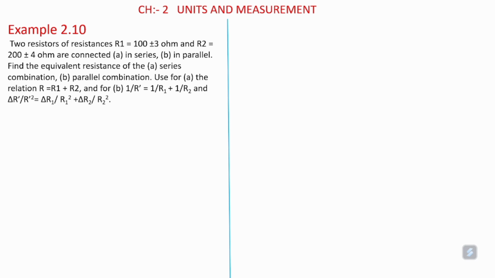For series we obviously know it would be equal to R1 plus R2, and for the parallel connection it would be 1 upon R dash is equal to 1 upon R1 plus 1 upon R2.